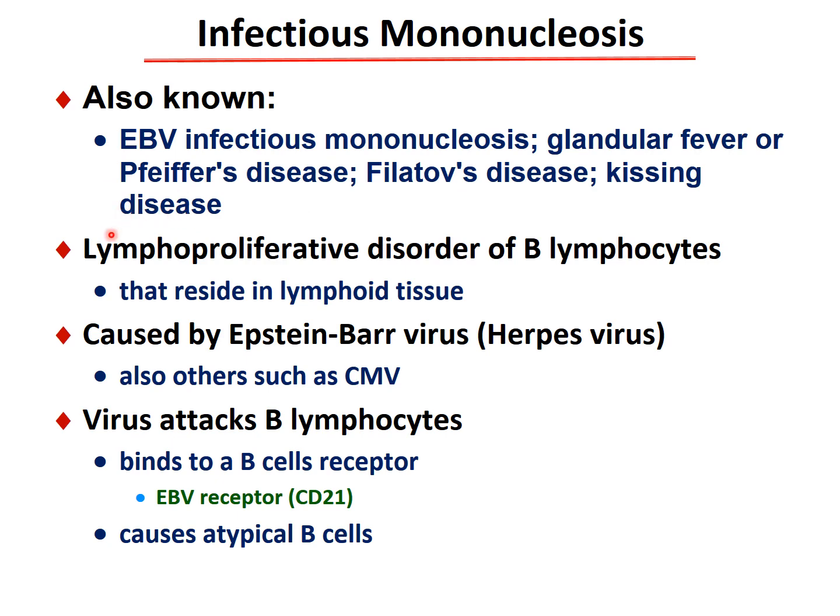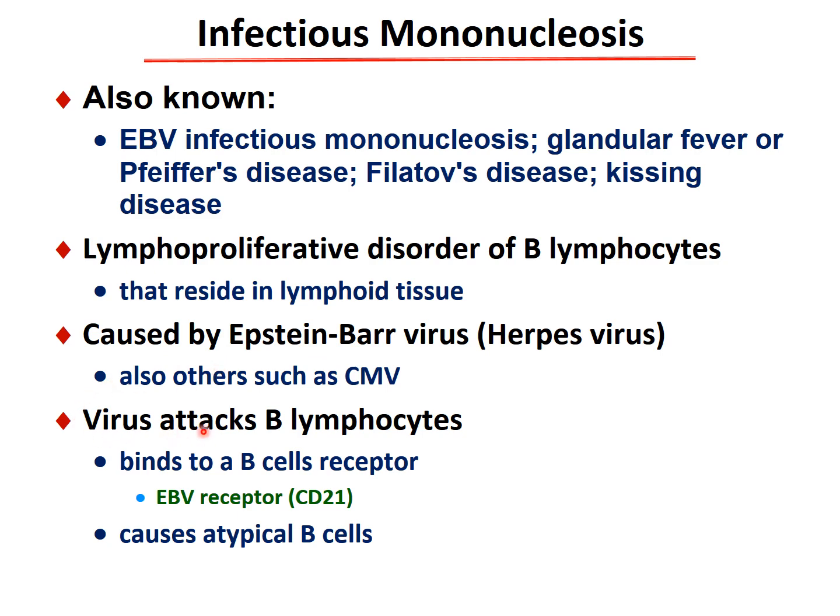Now, this is a lymphoproliferative disorder affecting the B lymphocytes. This stays in the lymphoid tissue and is mainly caused by the Epstein-Barr virus. This is a herpetiform virus. However, there are some other rare conditions when cytomegalovirus causes these diseases.